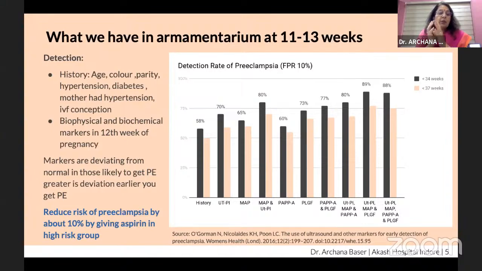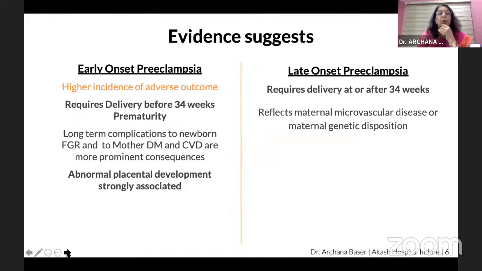Markers deviate from normal in those likely to get preeclampsia. The greater the deviation, the earlier you get preeclampsia. You can reduce the risk of preeclampsia by about 10% by giving aspirin in this high risk group. These bar charts show that if you combine history with biochemical markers and sonography, all technologies used together, your detection rate for predicting preeclampsia goes high.